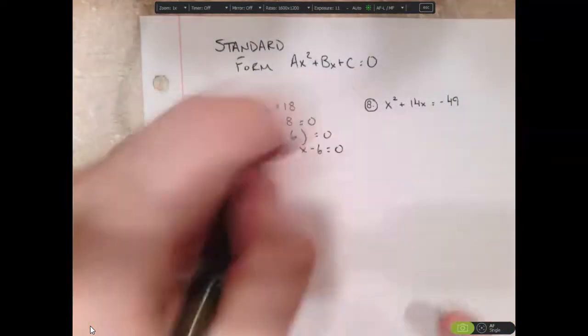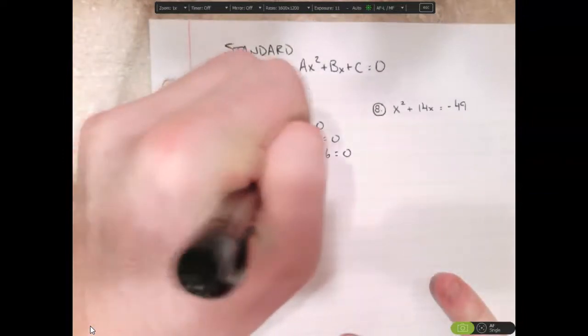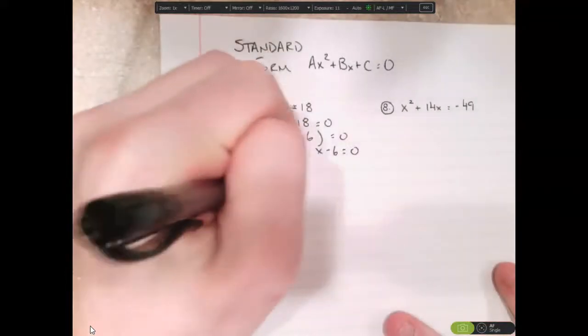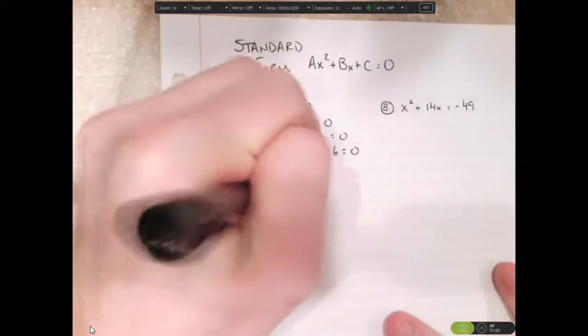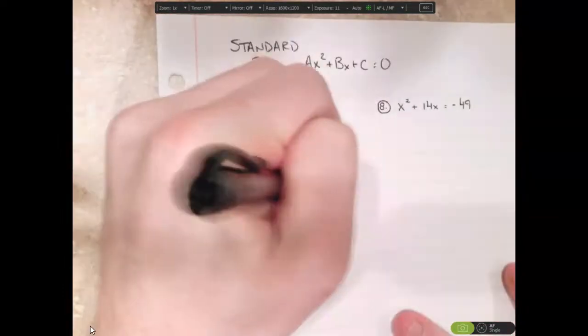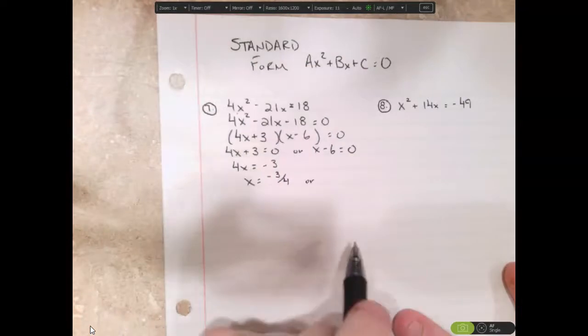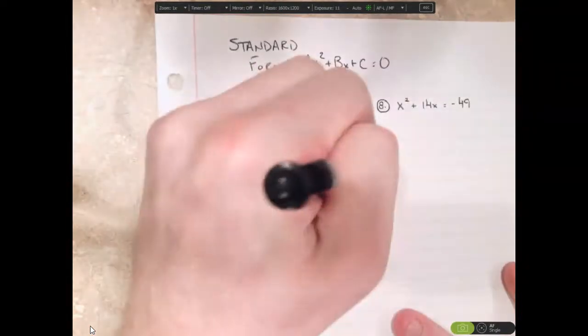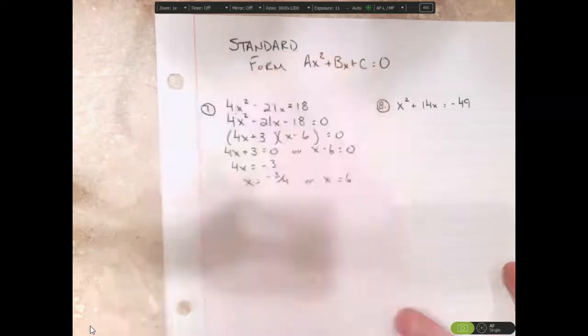Go through and solve. On the left, I'm going to get 4x is equal to negative 3. I divide by 4. X is equal to negative 3/4. Or, when A is 0, I have x is equal to 6.